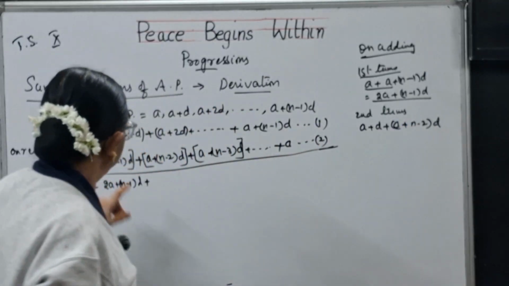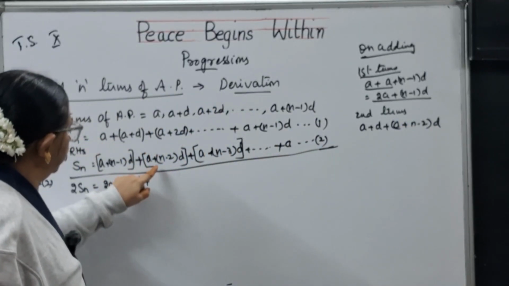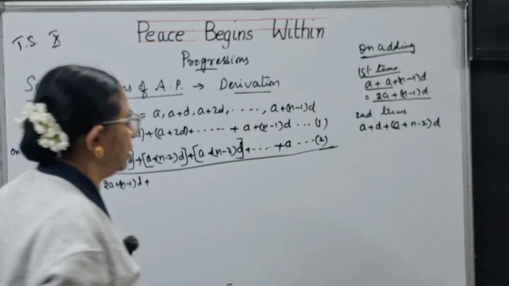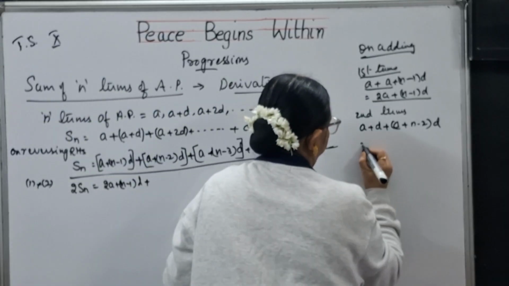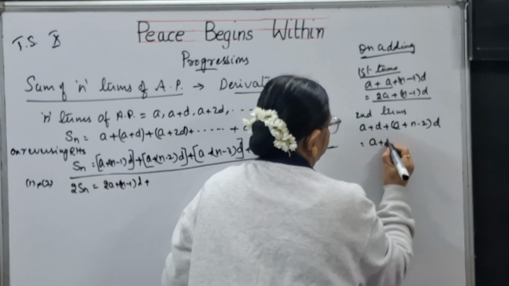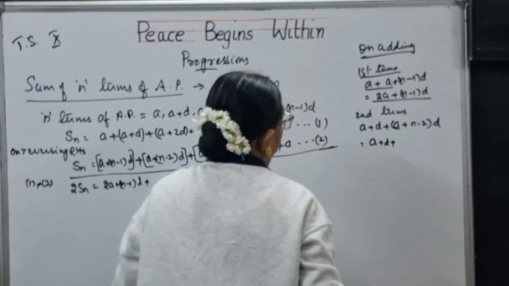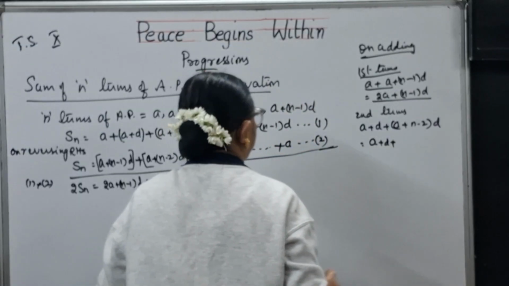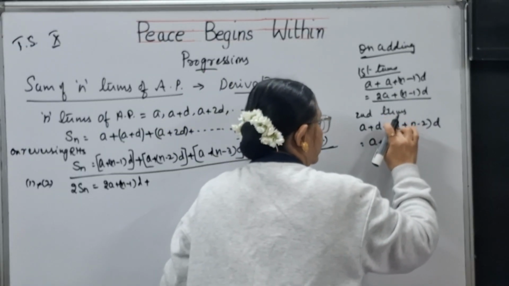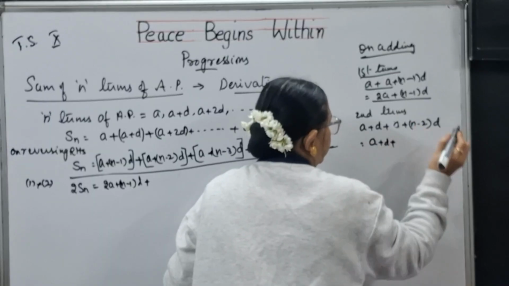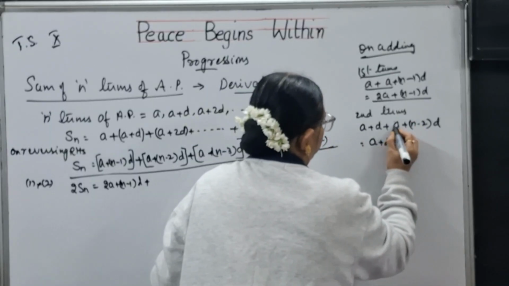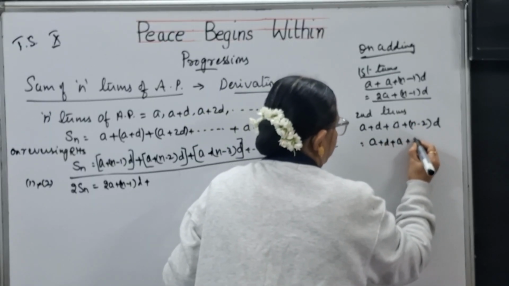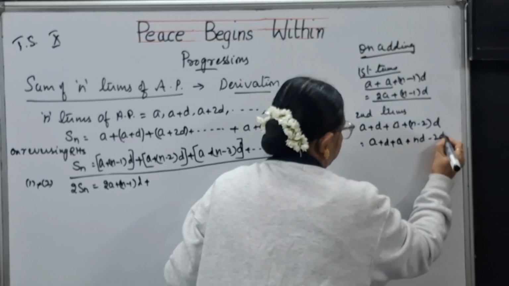Let me simplify it: a plus d plus a plus nd minus 2d.